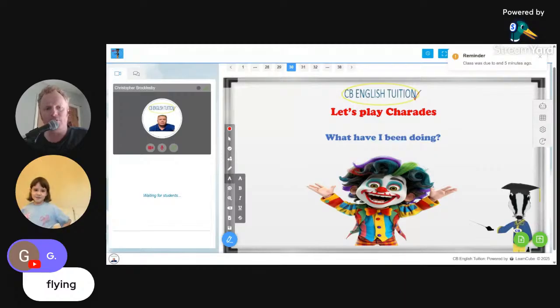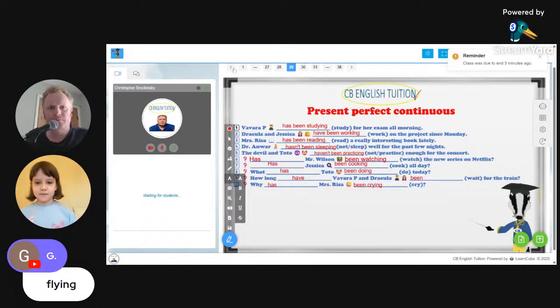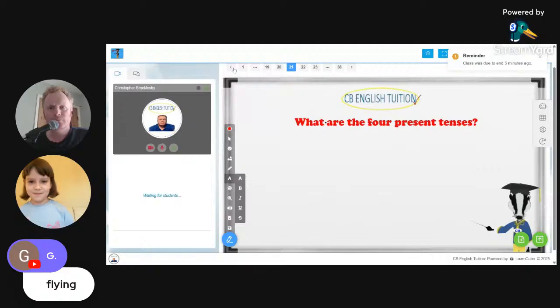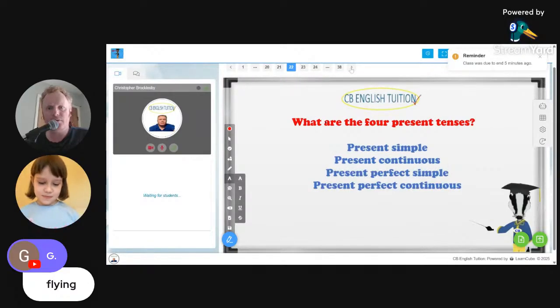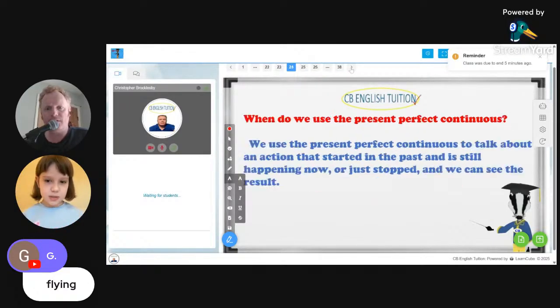So, who is going to do the review? Varvara, can you do the review? Well, what have we done today? The affirmative, negative stuff. Yeah. So first, we introduced today's tense, which is the present perfect continuous. And when do we use this tense?